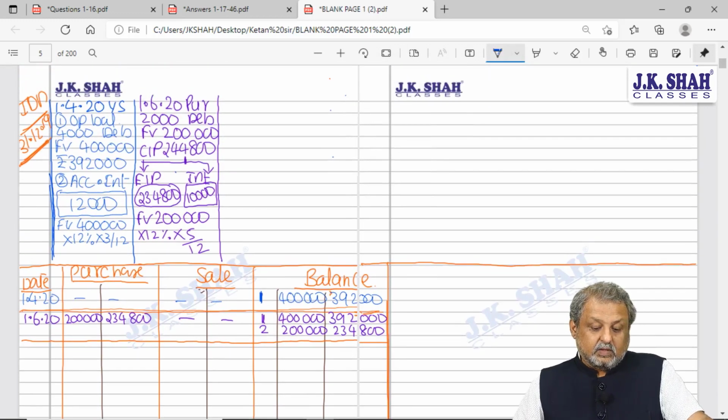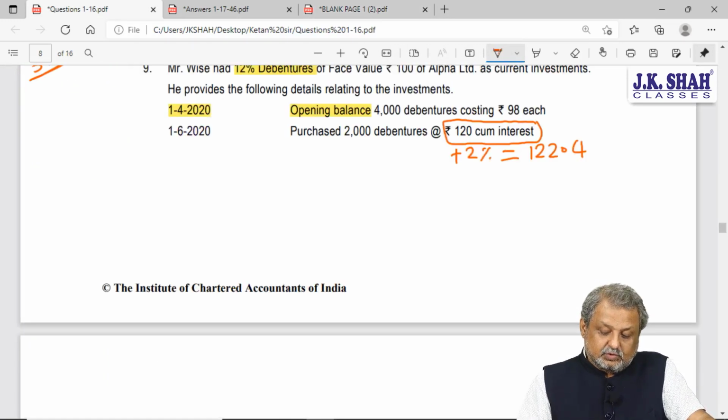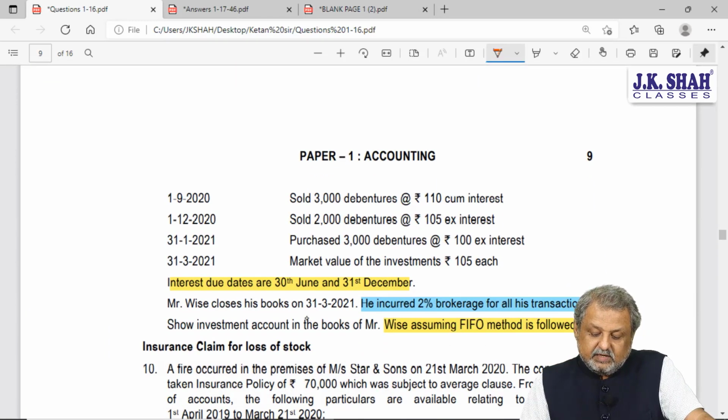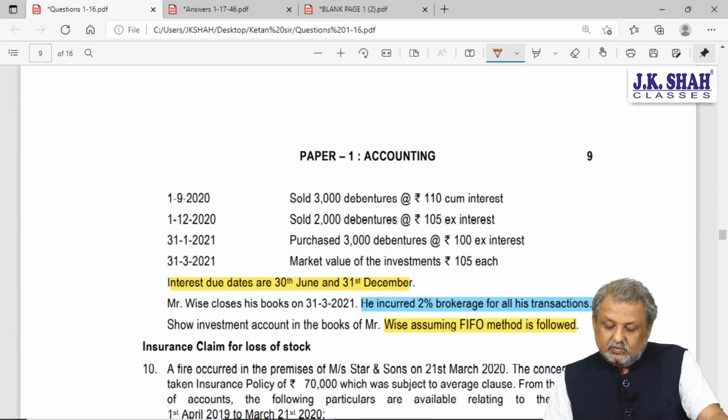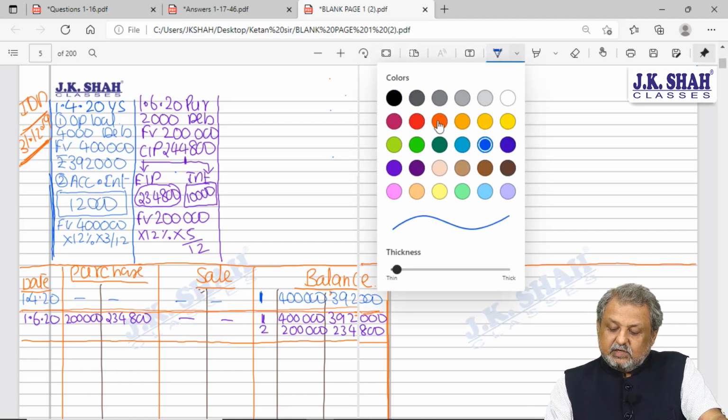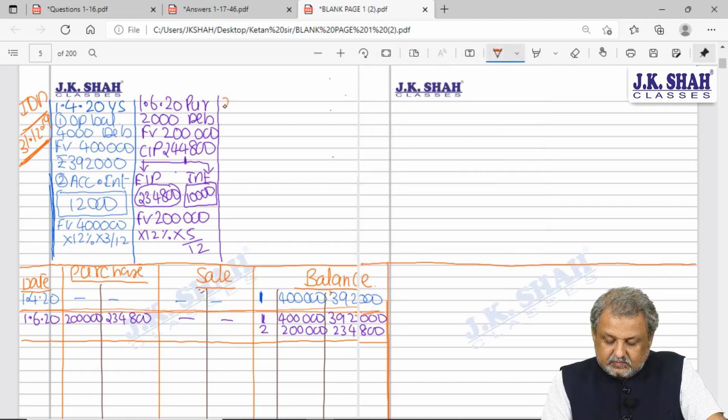Then on 30th June there will be interest due date. Now you will be getting total interest on face value 4 lakh plus 2 lakhs, 6 lakhs.